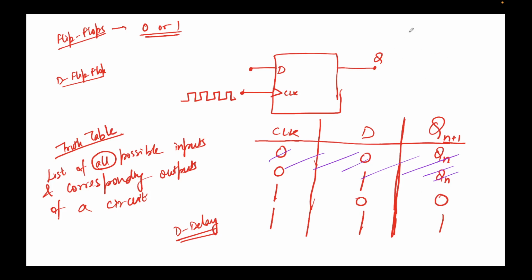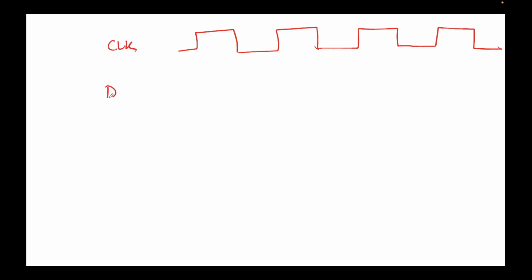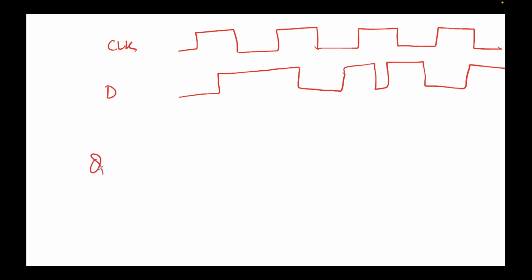What I'll do now is draw the next slide. I'll draw how the output waveform will look for a D flip flop. So this is my clock, this is my input D. What I want to know is how Q will look.